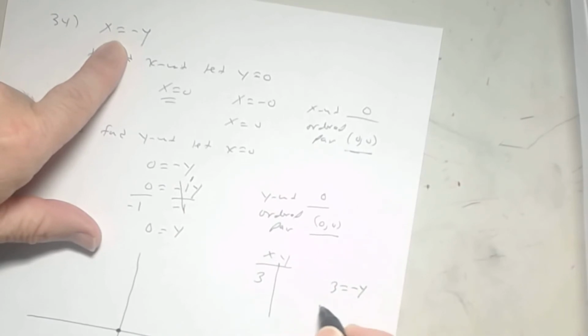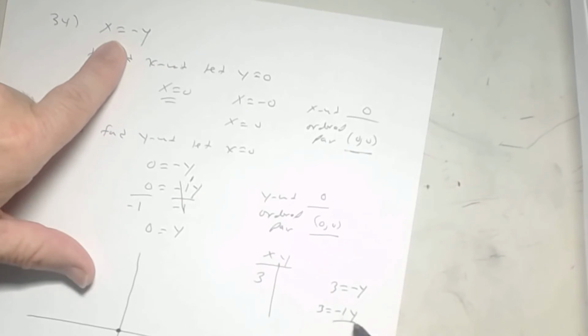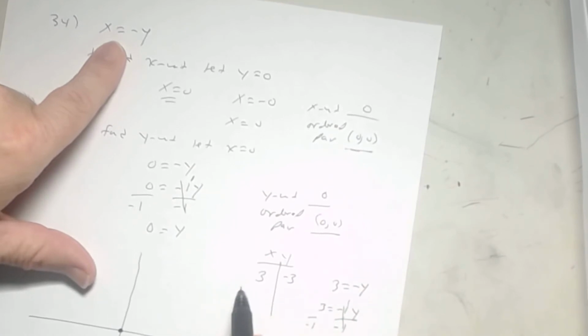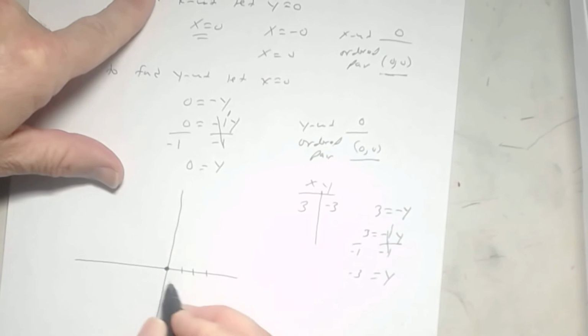Okay, so 3 equals -1y, right? How to get y by itself? Divide both sides by -1. So what is another point? -3. Y'all agree -3 is y? So you get 3, -3. So there's the other point, and then you draw your line.